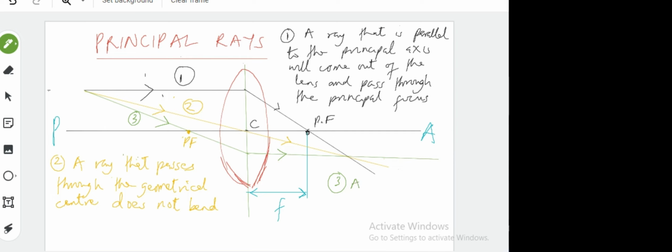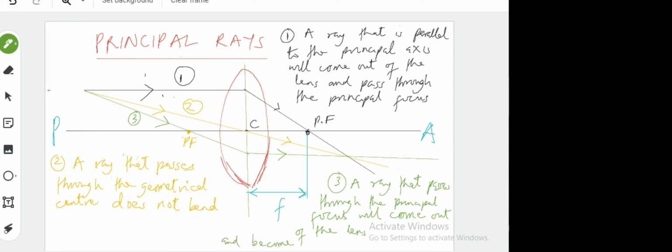Sorry, a ray that passes through the principal focus will come out of the lens, or emerge from the lens, and becomes parallel to the principal axis.